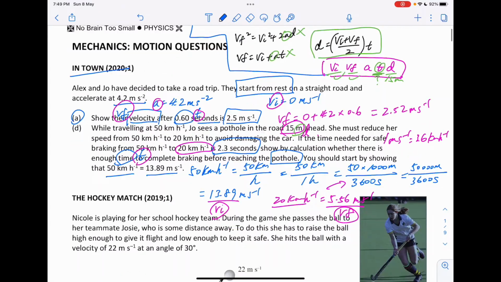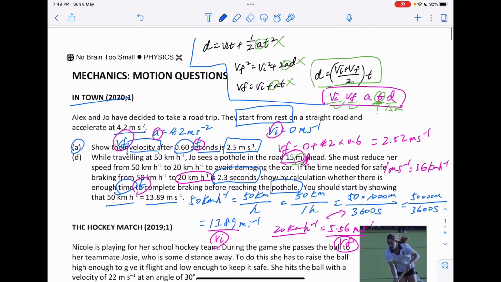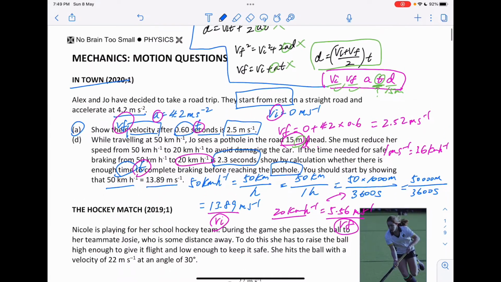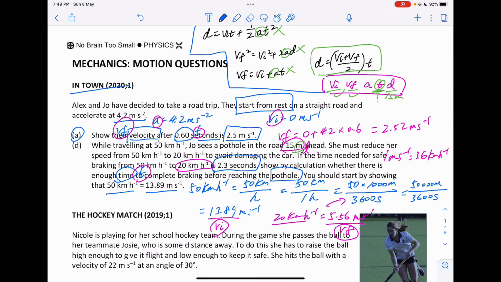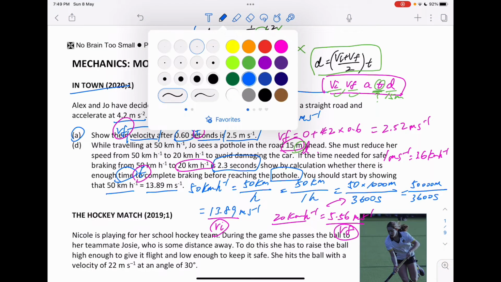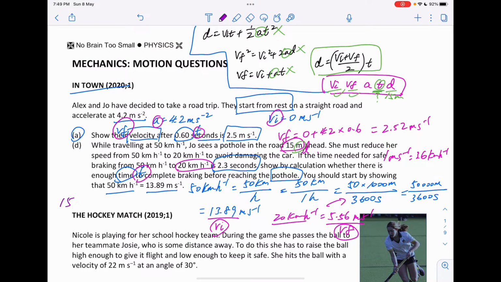So the distance is 15, VI 13.89 plus 5.56 divided by 2 times t. Well, the t is what we're looking for.